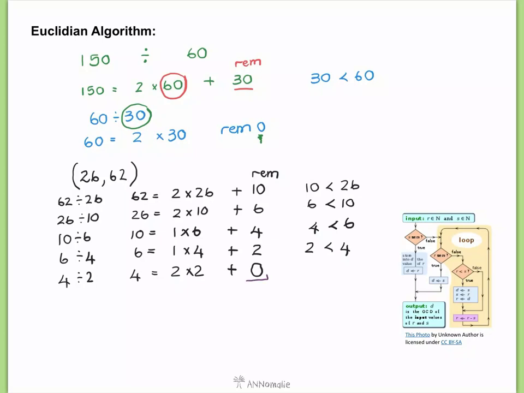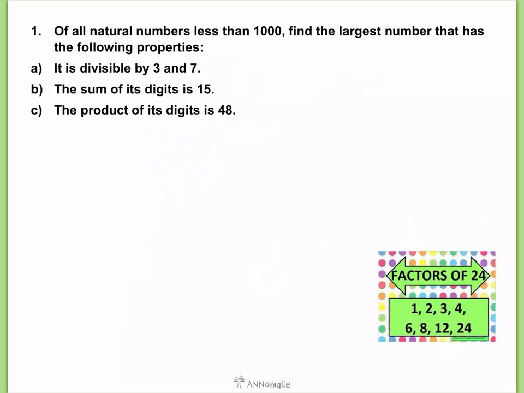So what is the highest common factor? It is the remainder before we find a remainder of 0. So in this case, the highest common factor will equal 2. And that is then the Euclidean algorithm, yet another way of finding the highest common factor.